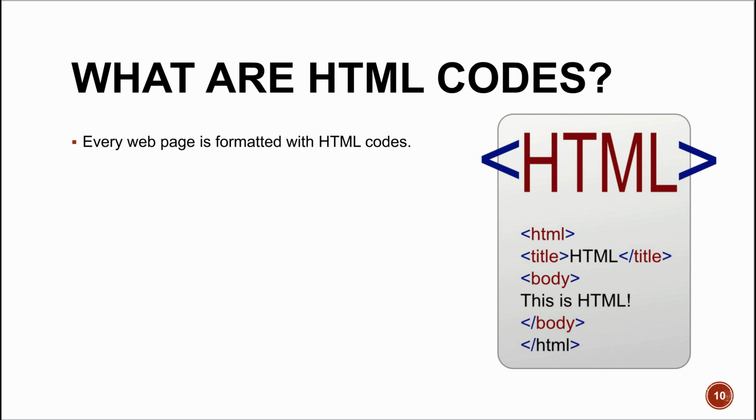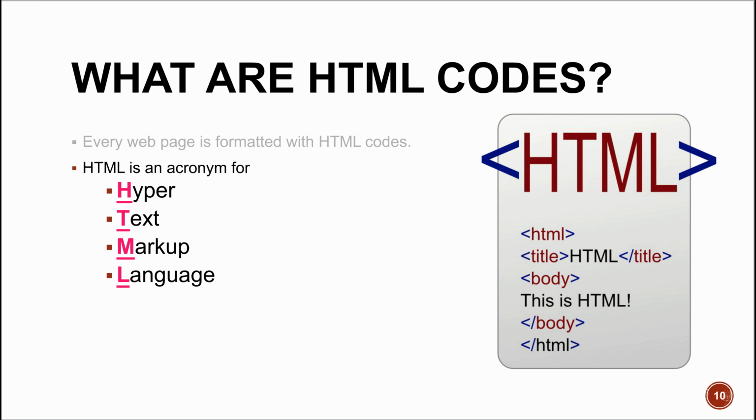Even if there's loads of programming behind it, there is an HTML element in it. So what do H, T, M and L stand for? H means hyper, T stands for text, M stands for markup, and L for language. So that's what it basically means: hypertext markup language.